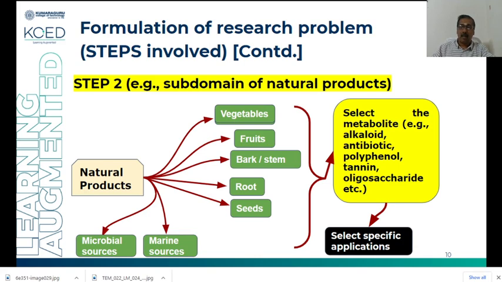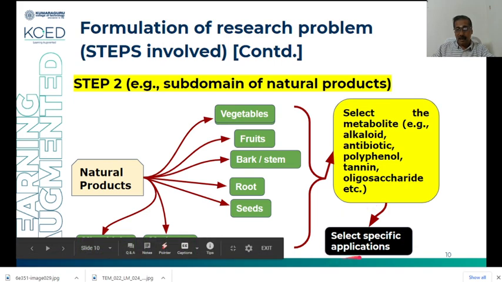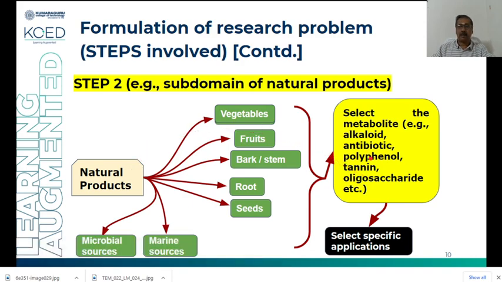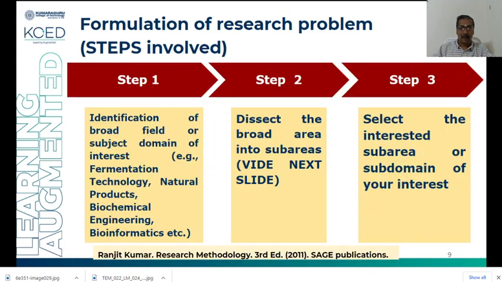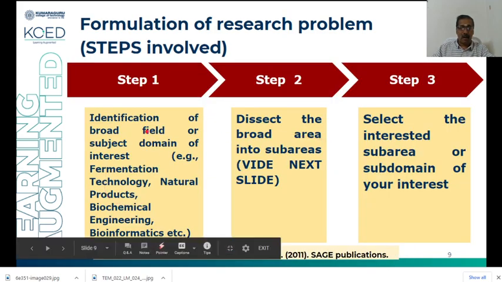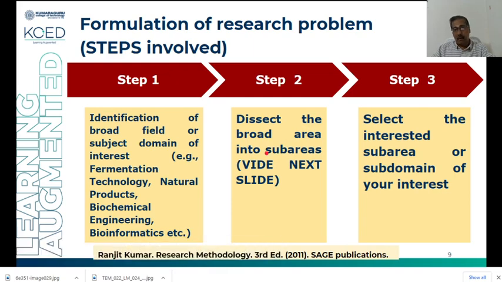Which molecular category I have to work with should be decided. That is very important. After making a very clear-cut decision, you go for specific applications. Based upon this only, you have to frame a research problem. So, very simple: identify the broad area or domain, go for a sub area, and from the sub area you can even go for a subdomain.